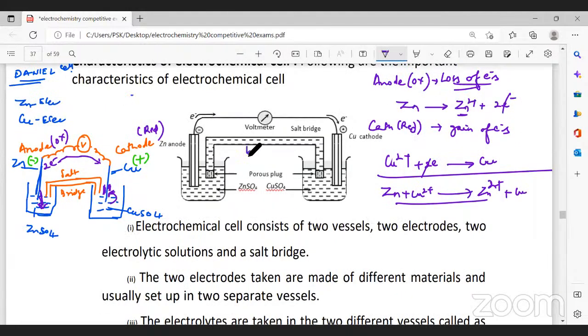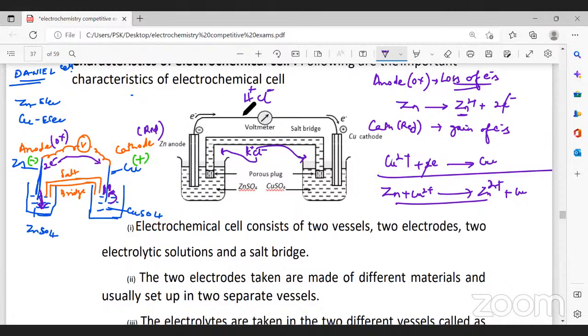Assume the salt bridge is made of KCl. Potassium is positively charged and chlorine is negatively charged, so chloride will go towards the anode and potassium will move towards the cathode. Why are we not using HCl? Why only KCl, KNO3, or ammonium nitrate, ammonium chloride? Hydrogen ion movement is very fast compared to chloride ion.